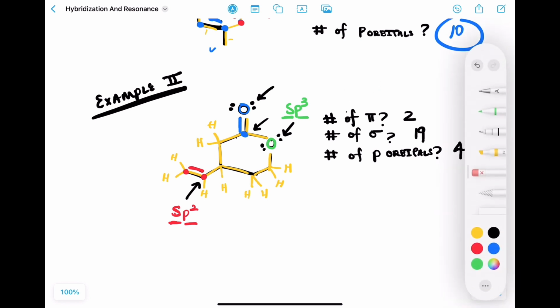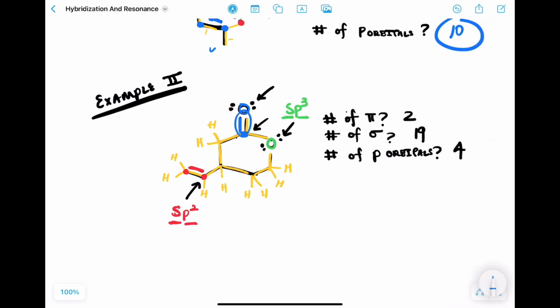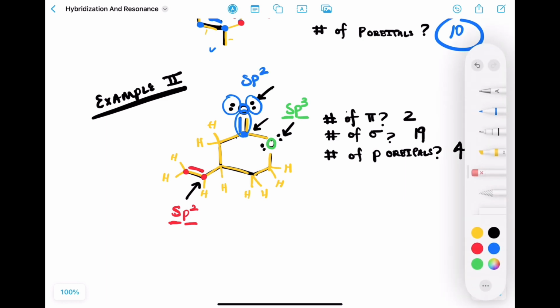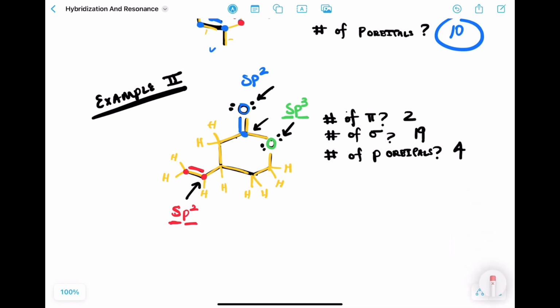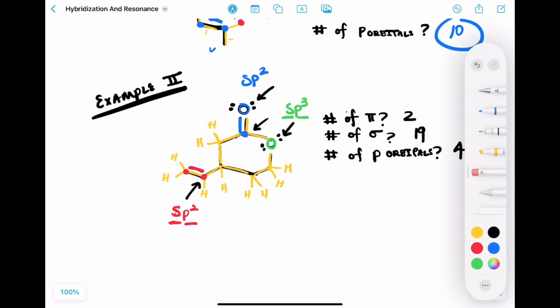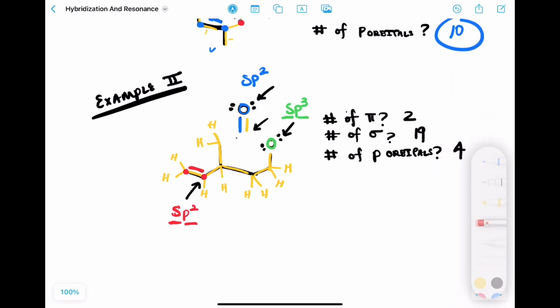Now, let's take a look at this final oxygen. It's got 1 group, 2 groups, 3 groups. So whenever something has 3 groups around it, it's going to be sp2. There we go. And so I'm missing this carbon in the middle. How many groups does this carbon have around it? Let's color it red.